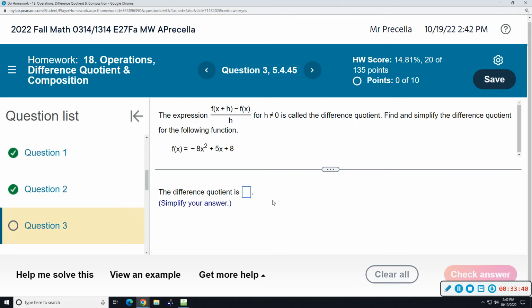Well, there probably are, and you're just not sure how to word them. So let's just do another difference quotient. This is number 3. Let me write the problem down. F of x equals negative 8x squared plus 5x plus 8.